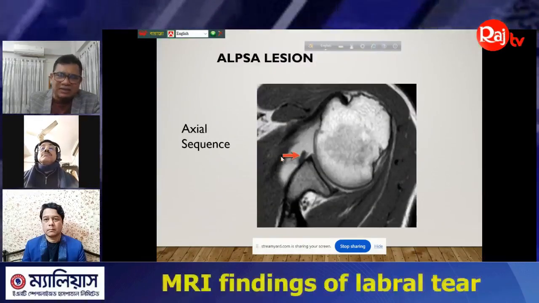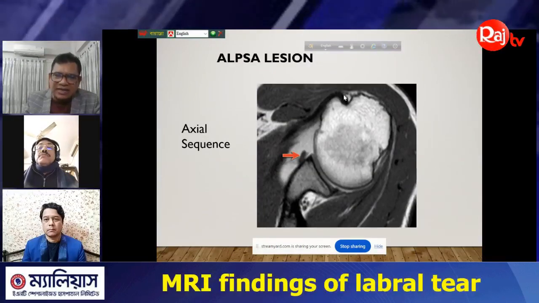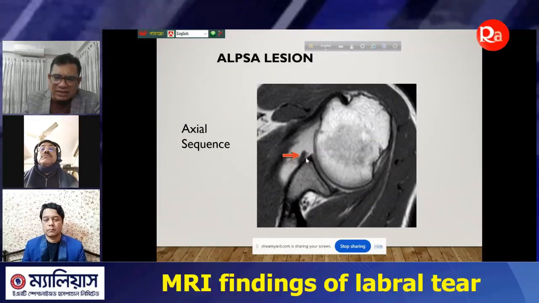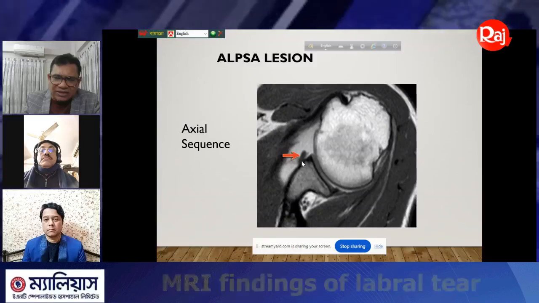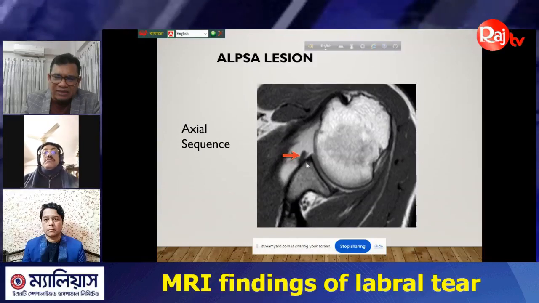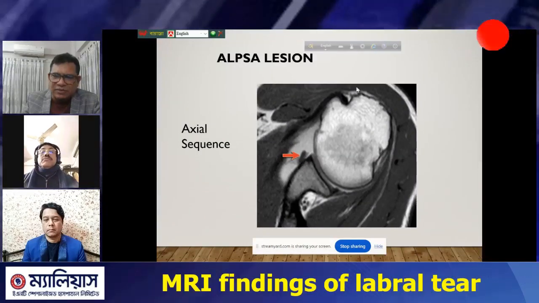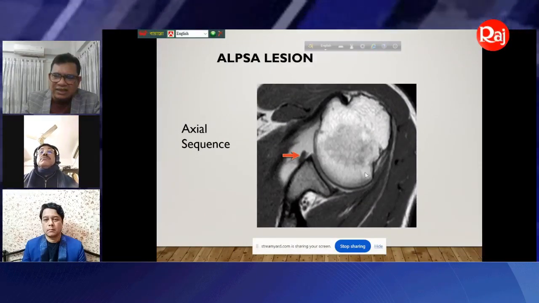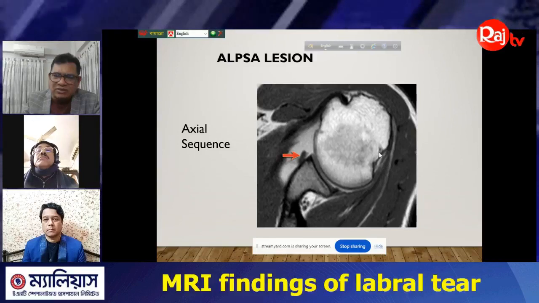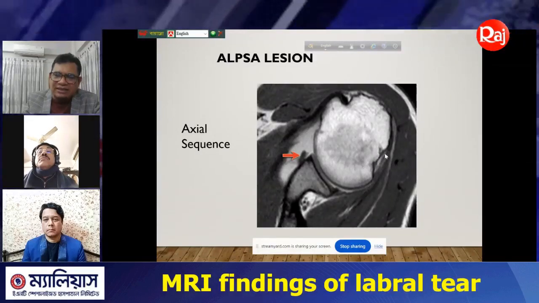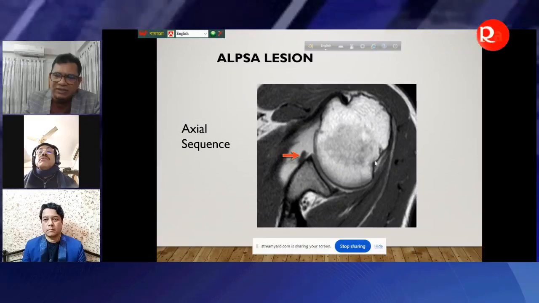And another case of ALPSA lesion, in this case, that is the anterior part, that is the bicipital groove. This lesion, labrum, as well as periosteum, neck periosteum detachment, ALPSA lesion. In the posterior part, in this axial cut, we also see there is a depression of the humeral head at the insertion of the tendon of infraspinatus.